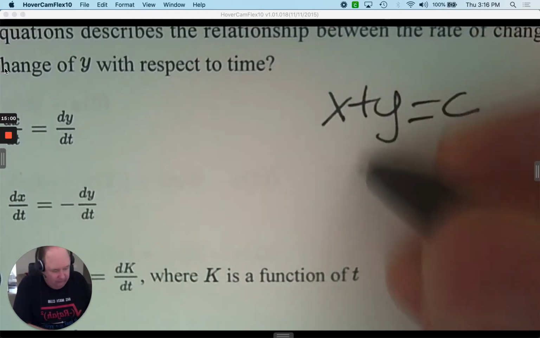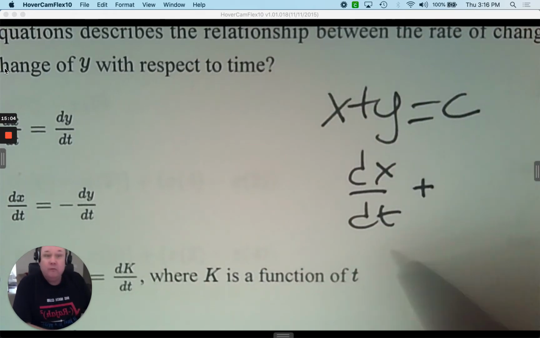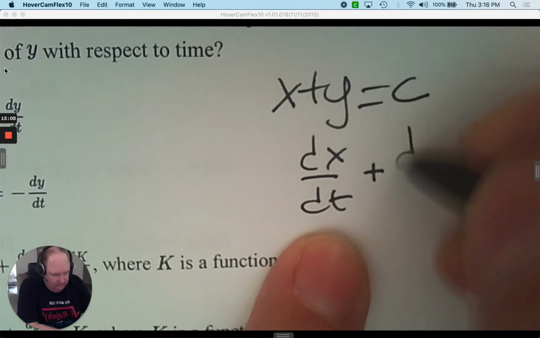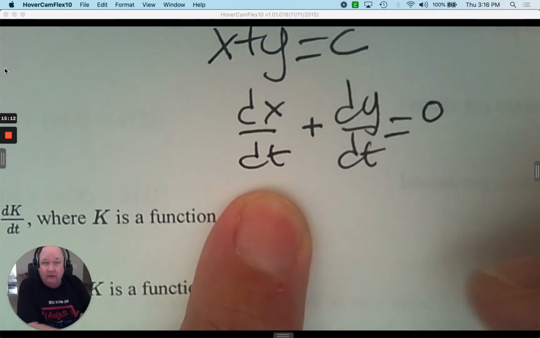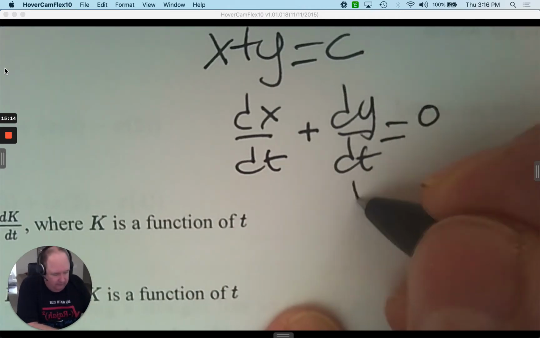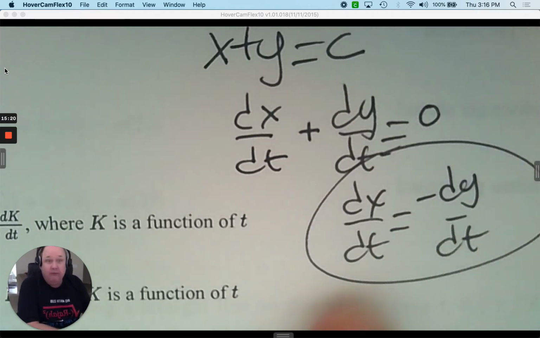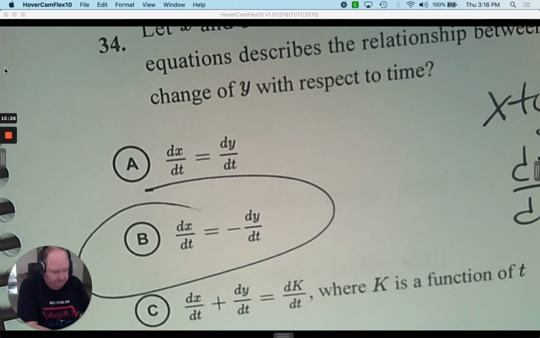The derivative of x is 1 with this hook on, with respect to time. The derivative of y is 1, but it needs the hook, dy by dt. And the derivative of any constant is 0. Get dx by dt by itself, subtract dy by dt, and now you have the relationship between the two rates of change. So the answer to 34 is B.